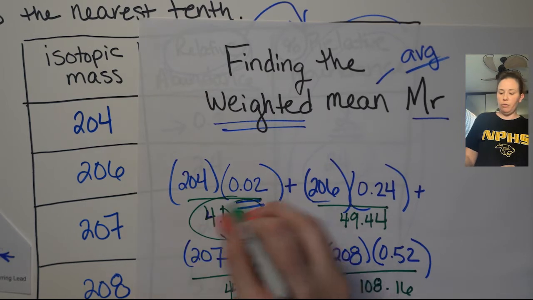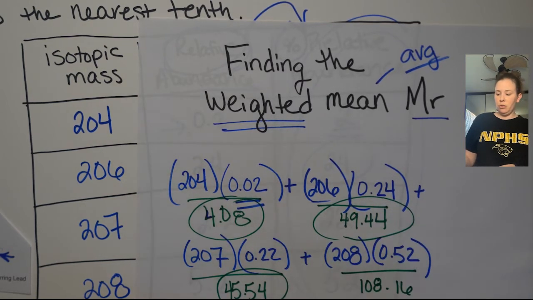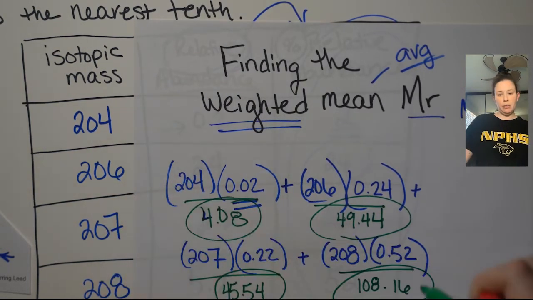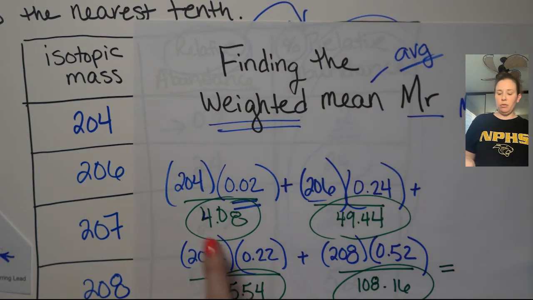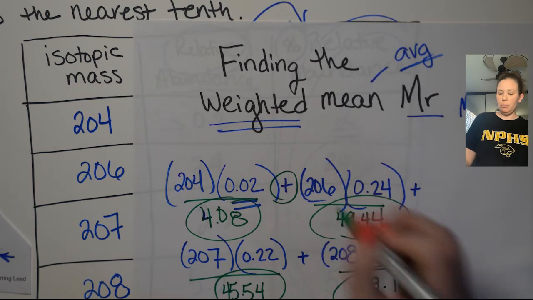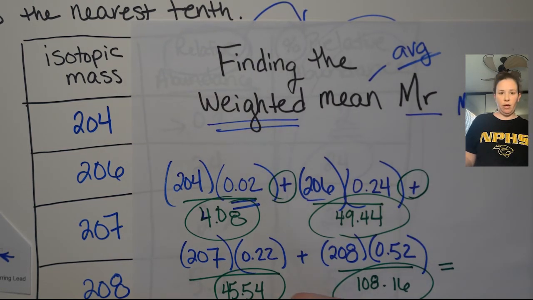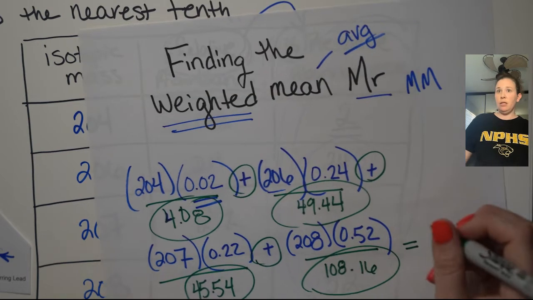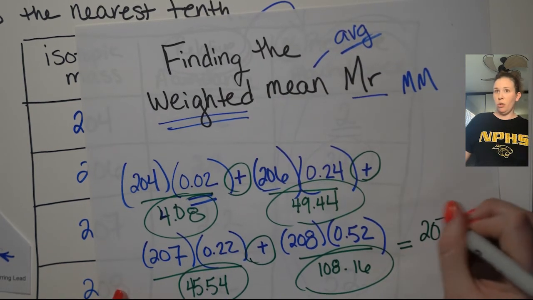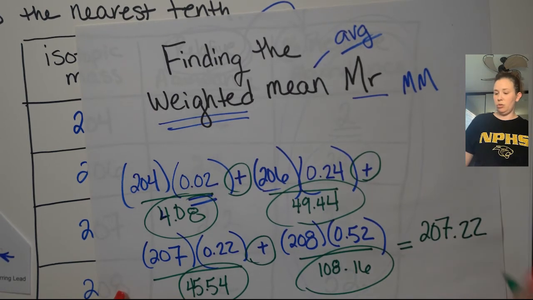So now we have 4 numbers to give us the partial masses. Then we still have to add them all up together. So 4.08 plus 49.44 plus 45.54 plus 108.16 gives us 207.22.